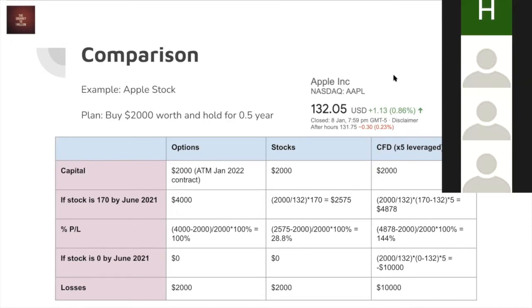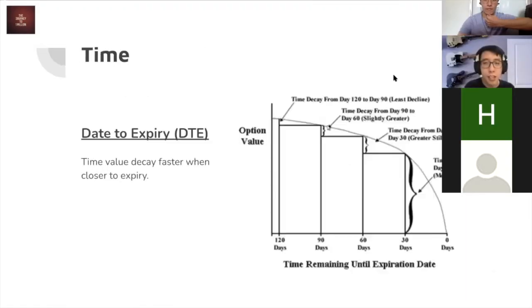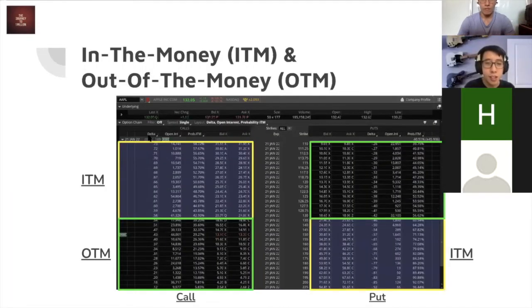One thing I can mention here, though this is more in depth, is regarding the delta value. Every option chain has a delta value. What this delta value means is, for every $1 stock price movement, how much your option's intrinsic value will go up.